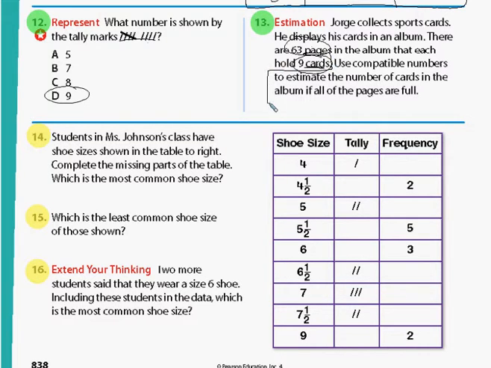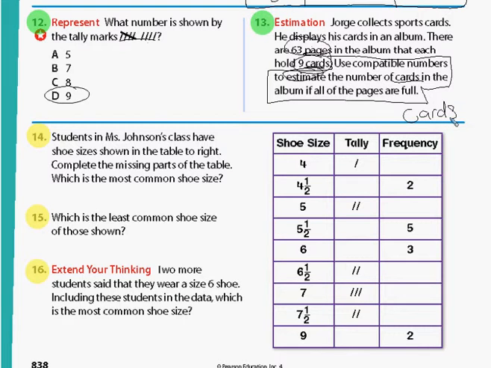So I'm going to go and box this in. It says use compatible numbers to estimate, another keyword right there, the number of cards in the album if all the pages are full. So if all the pages are full, we're trying to figure out how many cards there are. Cards is going to be my label for my answer. I'll go and write this down here, help me remember.